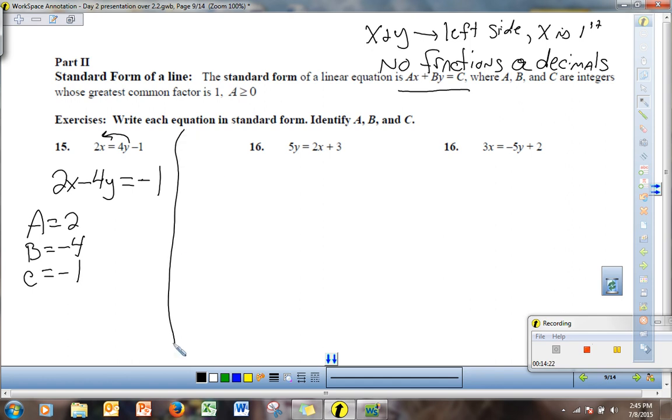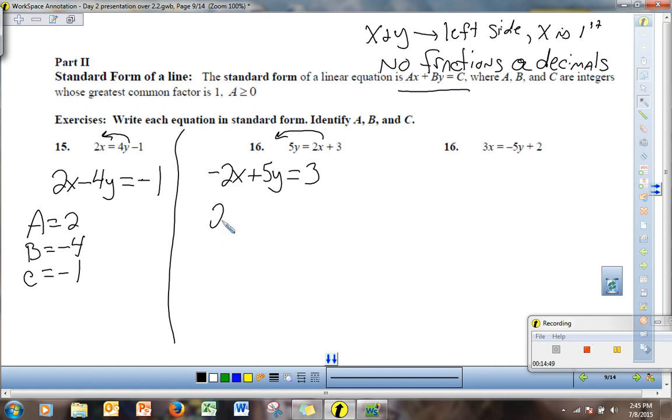Here's your number 16. I'm going to move this positive 2x over here. It's positive here, so it's negative here. So negative 2x plus 5y equals 3. This is almost standard form. There's no fractions, there's no decimals, x is first, but notice that x is negative, so you got to multiply everything in here by negative 1.